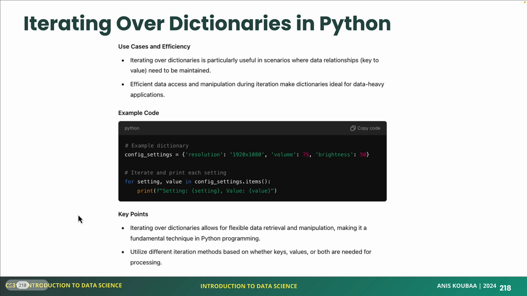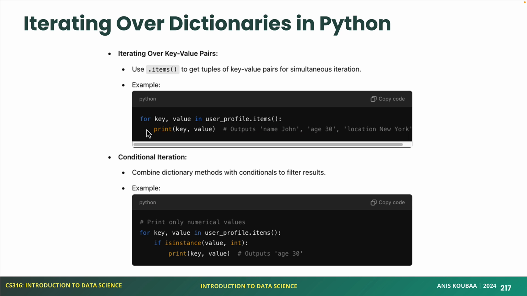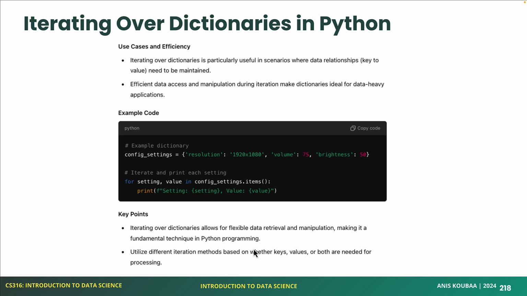We've talked about iterations also, if you want to iterate over the elements. You can iterate over the key-value pairs, as in this example, or you can also make a conditional iteration. For example, you can add an if statement to make sure the value is an int before being processed.